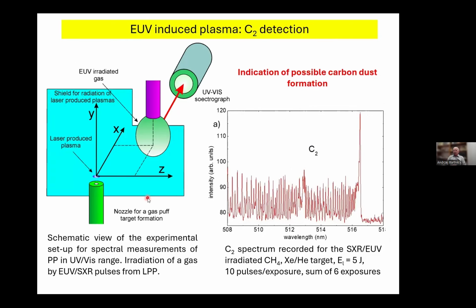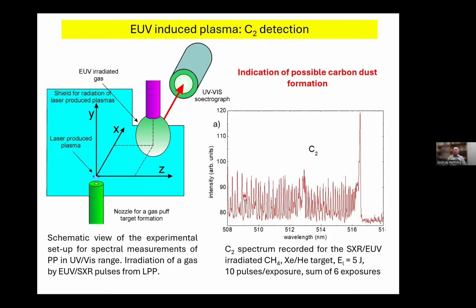In a similar system, but without the UV optical system, low temperature plasma was also formed, and in this plasma C2 molecules were detected. You can see here the molecular spectrum in the visible light.